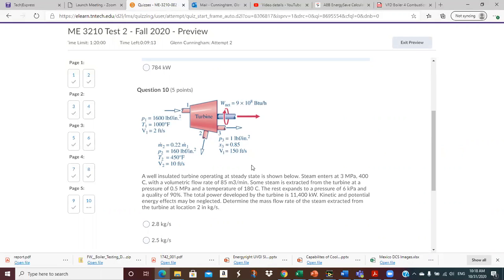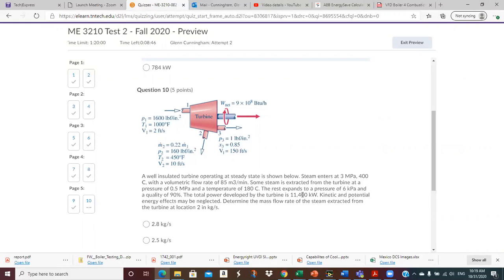Steam is extracted from the turbine at a pressure of 0.5 MPa, so not all the way through the turbine, so we have an extraction port on this turbine. So our extraction condition is 0.5 MPa at 180. The rest expands to a pressure of 6 kPa with a quality of 90%.